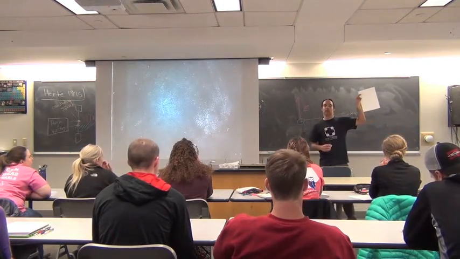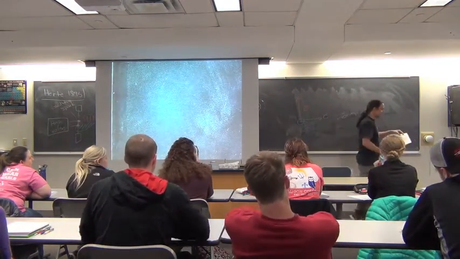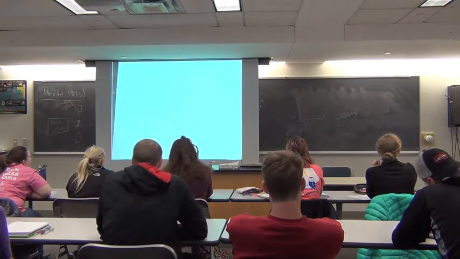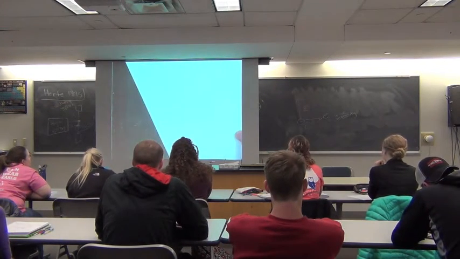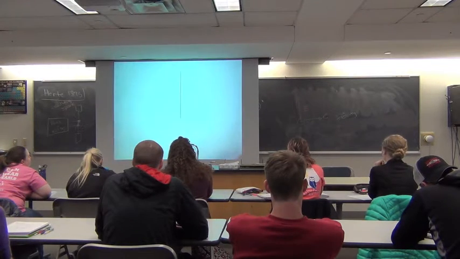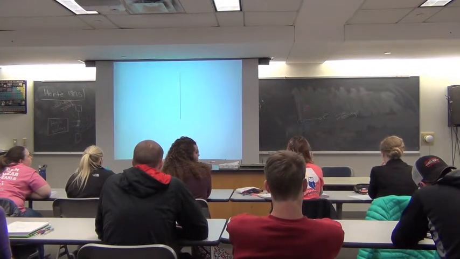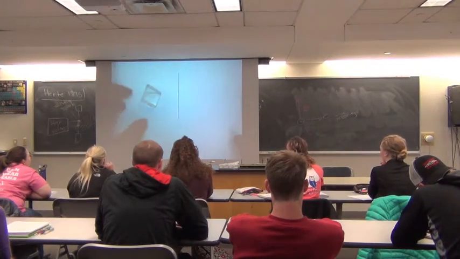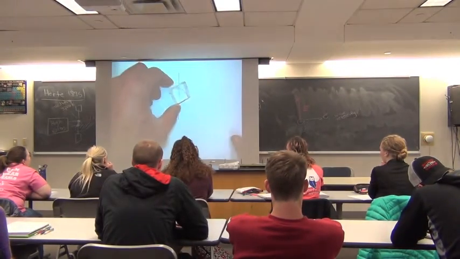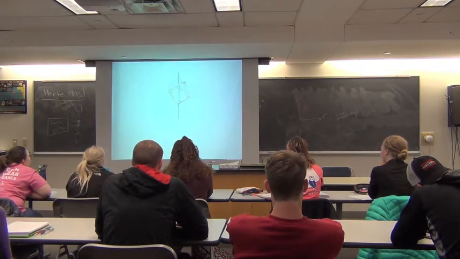So here I have a sheet of paper with just a line drawn on it. I'm just going to put this little piece of calcite on that line, and you'll see what happens if I orient that the right way.